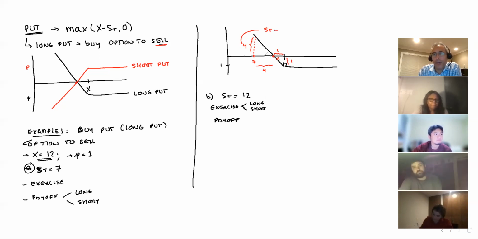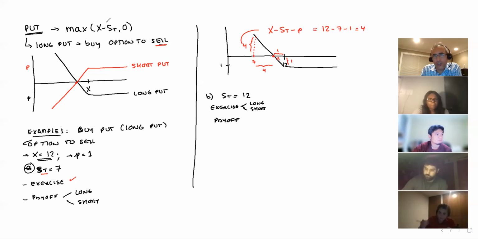ST minus, sorry, it's the opposite, because we're talking about puts. So it's going to be X minus ST minus my P. So if you replace the values, X is 12 minus ST is 7 minus 1. So you obtain your 4. So you exercise, yes, because this one here is smaller.